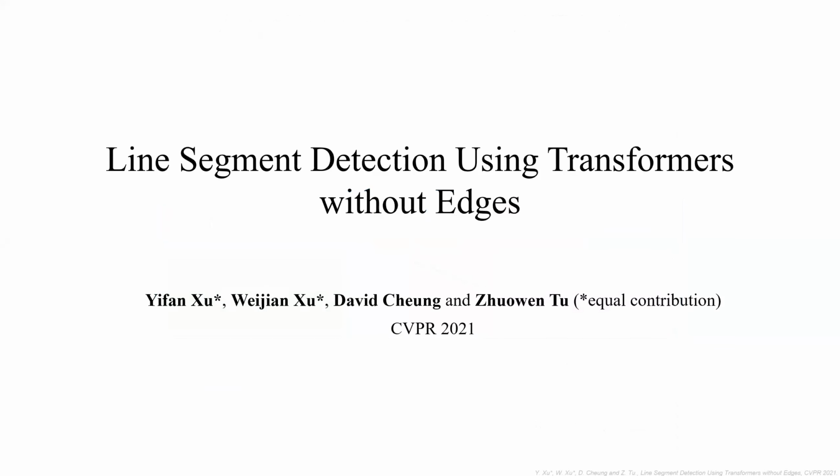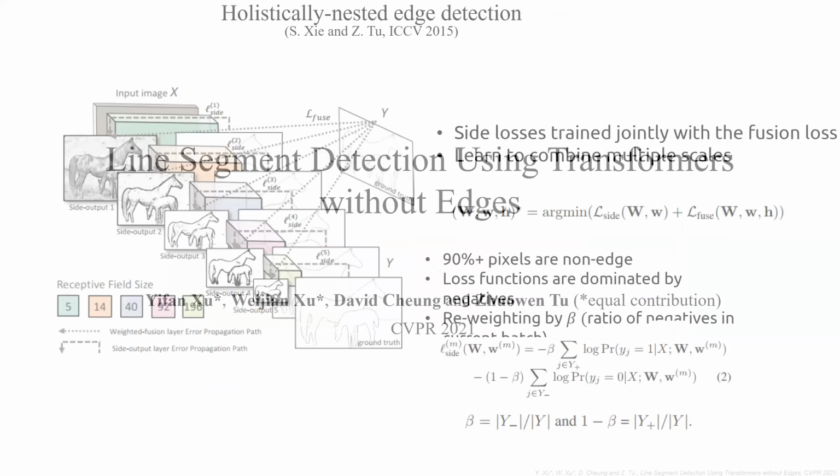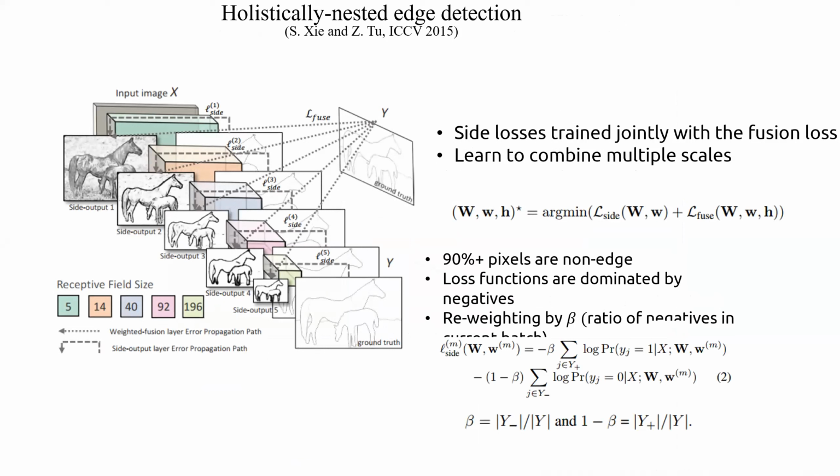Okay, so the first piece of work: line segment detection using transformers without edges. This was a CVPR paper last year. Some of you know our work, holistic edge detection, which, shamelessly, won the David Marr Prize Honorable Mention Award in 2015. Back then we were trying to push deeply supervised models together with deep vision to make sense of the individual layers for edge detection.